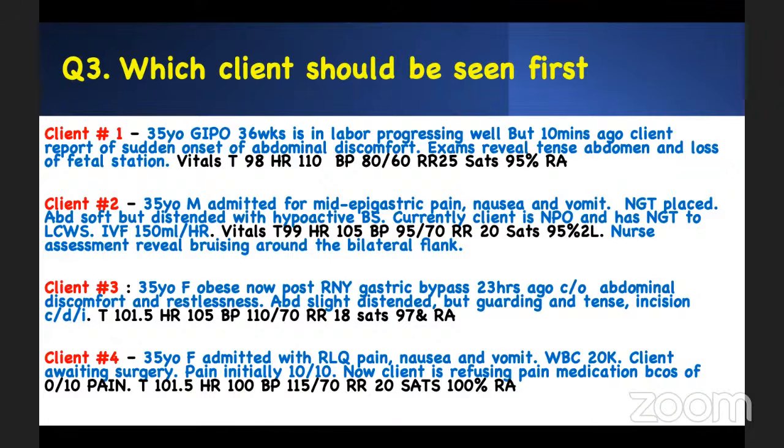And whatever your prioritization is, tell me which one you think you will see. If you are the nurse, when you have 1 second, who do you want to give that time to? I can tell you, based on clinical experience, what I do. Appendicitis, you have time. If it's ruptured, you have time. Their pain gets better. You're most likely going to get a CT scan and then put them on antibiotics.